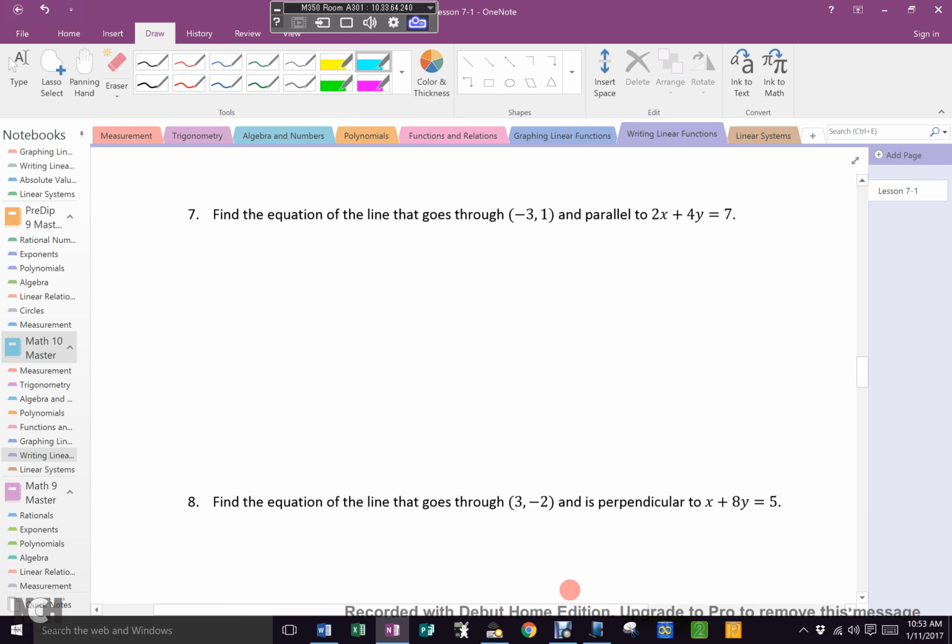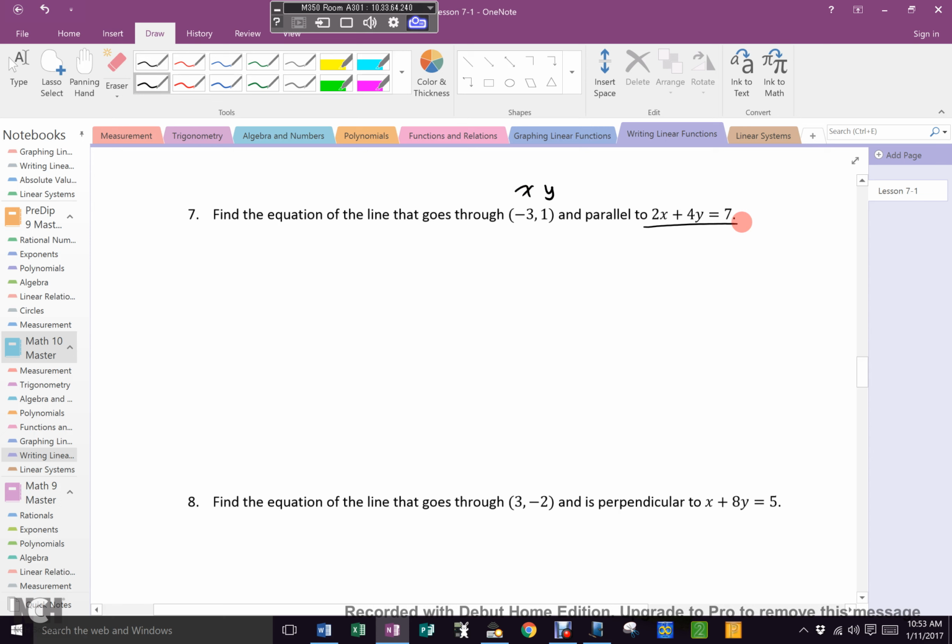Number 7, what are you going to do? What do you know? Do you have a point? What is it? So you have an x and you have a y. Okay? What else do you have? You have an equation.